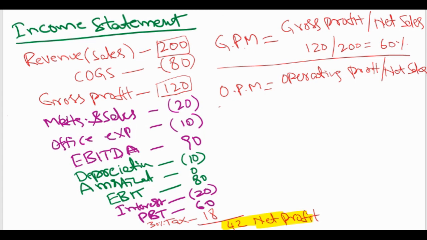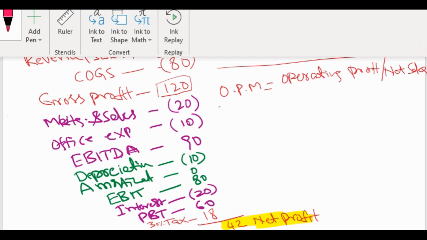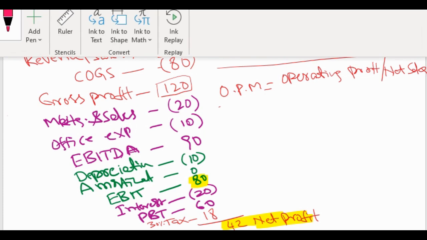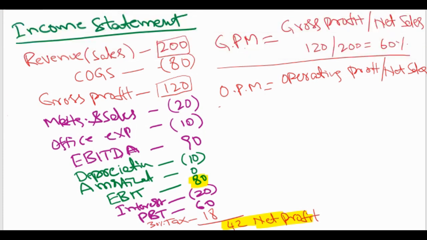Operating profit is 80, and then net sales is 200. So now what is the value coming here? Operating profit 80 divided by 200 equal to 0.4, which is 40%. So this is the operating profit margin.